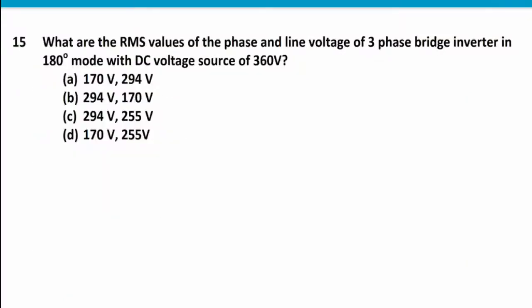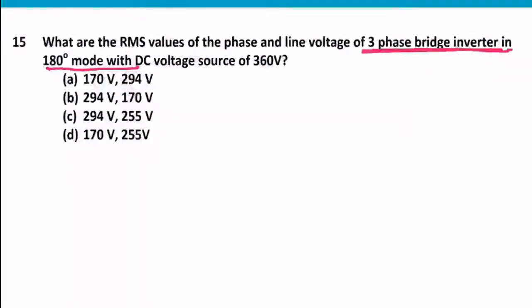Next question, what are the RMS values of phase and line voltages of a 3-phase bridge inverter in 180-degree mode with DC voltage source of 360 volt? This is the 3-phase bridge inverter in 180-degree mode.